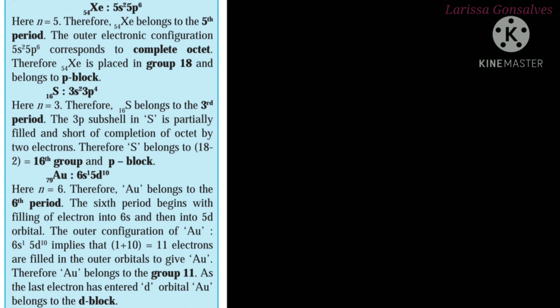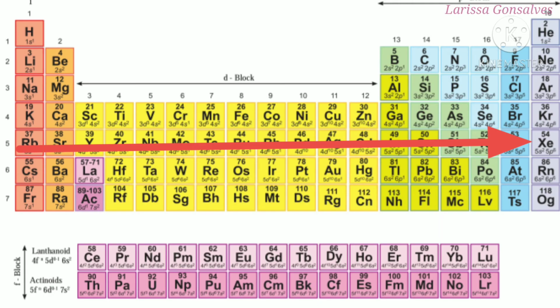Here the principal quantum number n is equal to 5, hence it will belong to the fifth period. The outer electronic configuration is 5s2 5p6, so it has a complete octet, and because of that it belongs to group 18 of the p block elements.